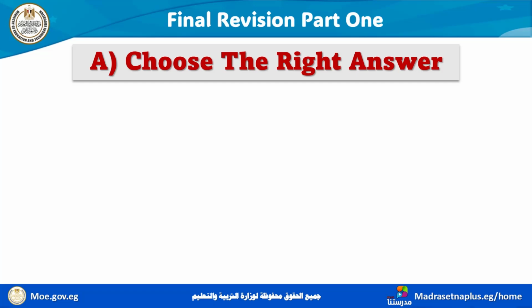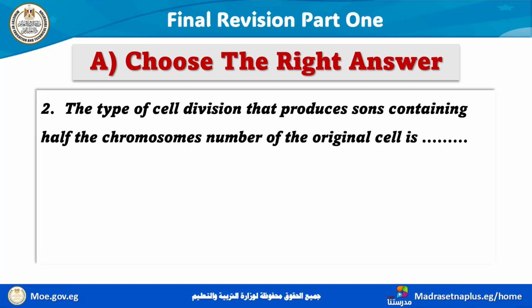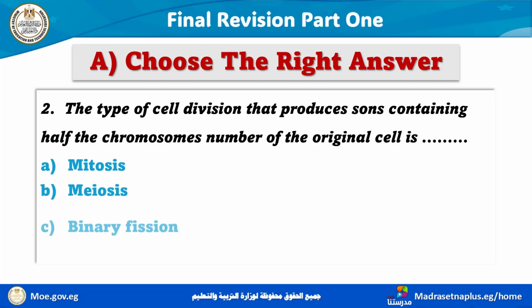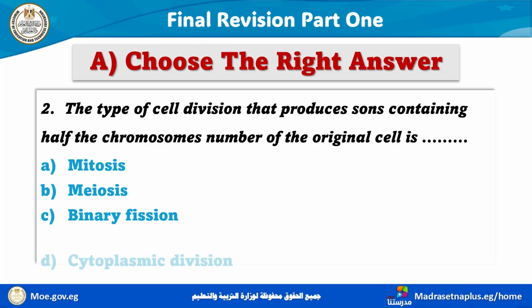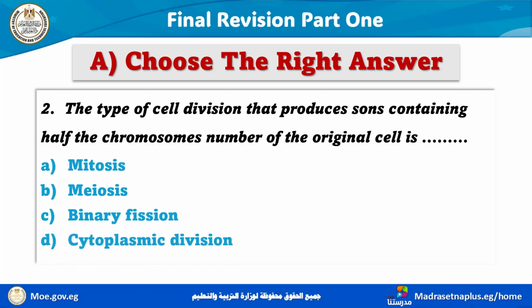Choose the right answer. Number 2. The type of cell division that produces cells containing half the chromosome number of the original cell is the mitosis, meiosis, binary fission, cytoplasmic division.